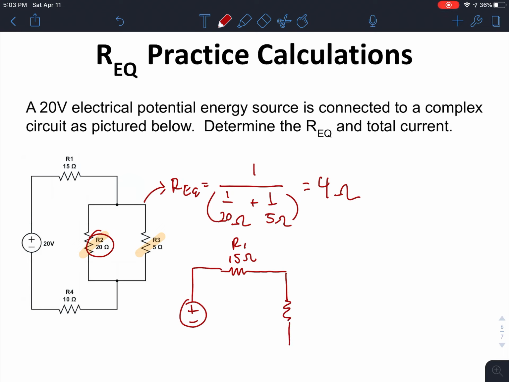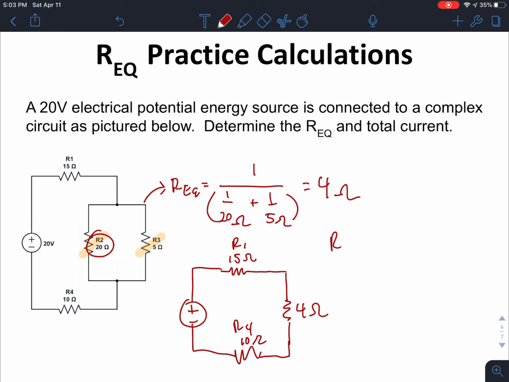We've now figured out resistor 2 and 3 together really are 4 ohms. And then we have resistor 4, which is 10 ohms. So we've essentially replaced that parallel part of the circuit that had 2 resistors in it with 1 resistor.